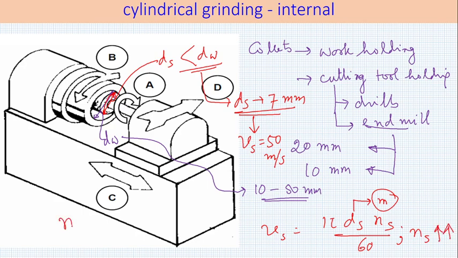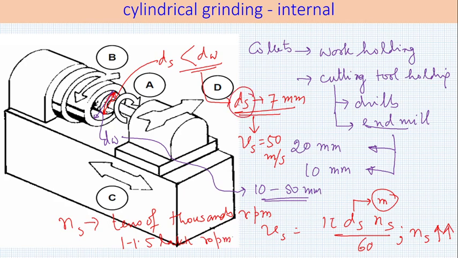How high is NS? NS would be possibly tens of thousands RPM, or even 1 to 1.5 lakh RPM if your diameter of the spindle is small.